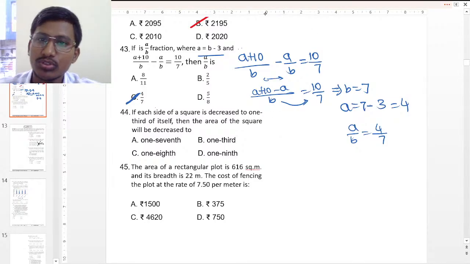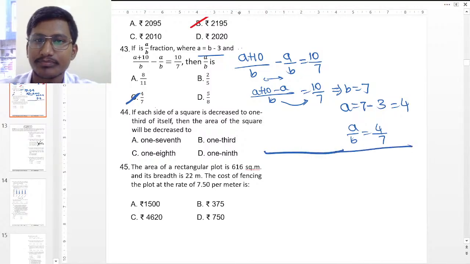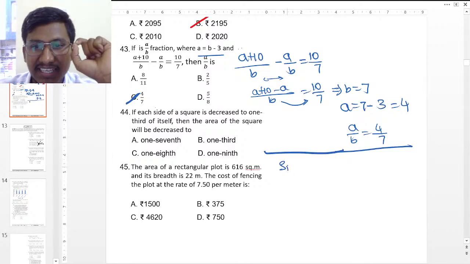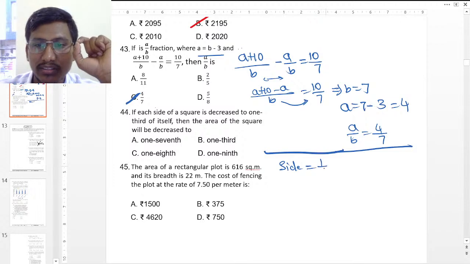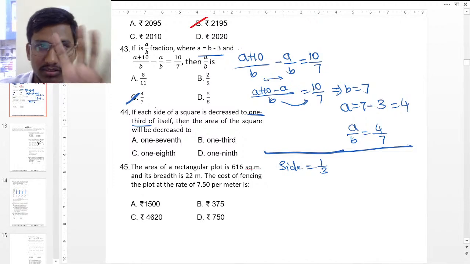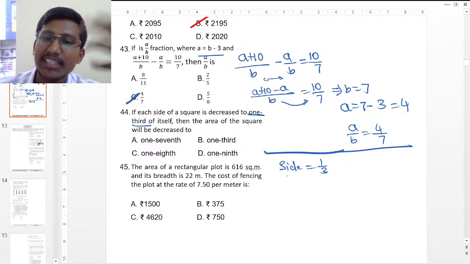So how do we do? It is about area and perimeter. Here the side becomes 1/3. So what will be the area?